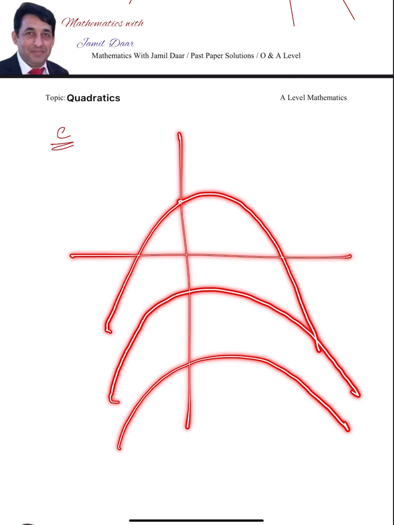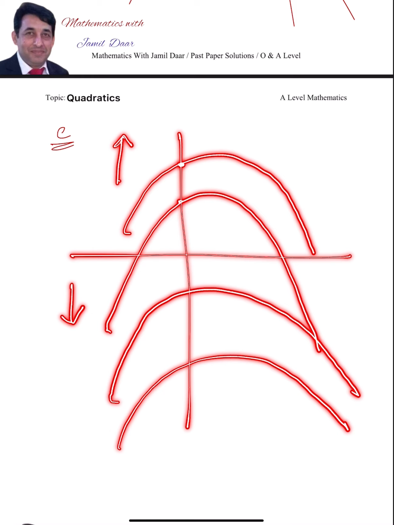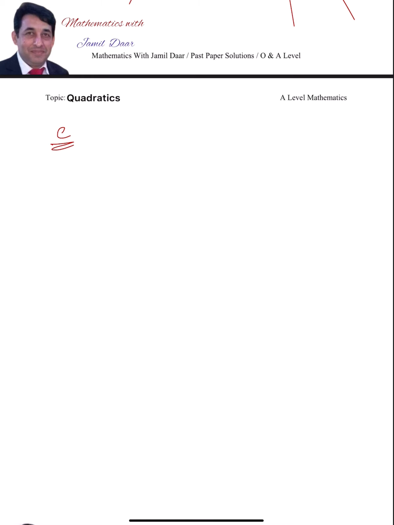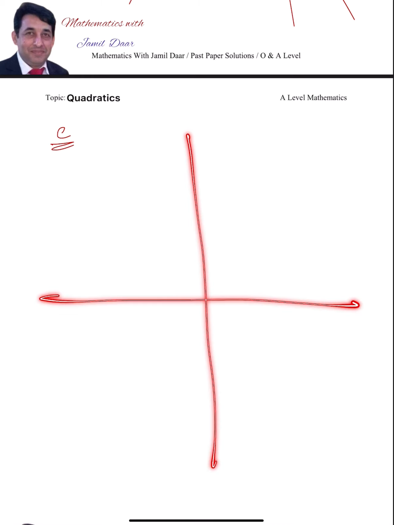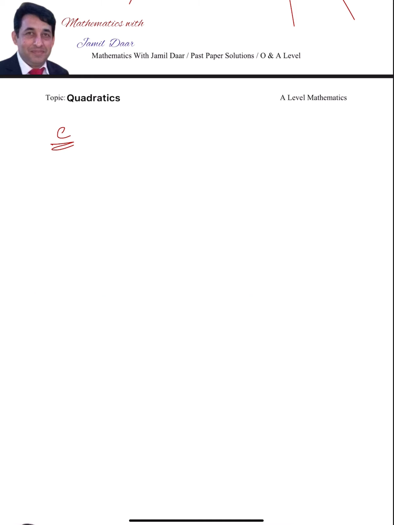The graph moves upwards or downwards: positive upwards, negative downwards. And if it is a U-type graph, even then the same thing. See, it will move upwards for positive, downwards for negative.